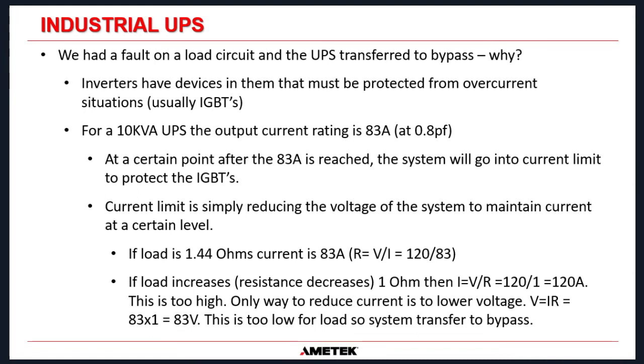Because the IGBTs that have been installed in that UPS will be rated for some value above 83 amps. And in truth, in an Amatec SEI UPS, we oversize everything inside our UPS because it's a rugged industrial system. So in truth, it's probably 200 amp IGBTs that are in this system, but we still have to protect them. So to protect them, we have to put the system into current limit.